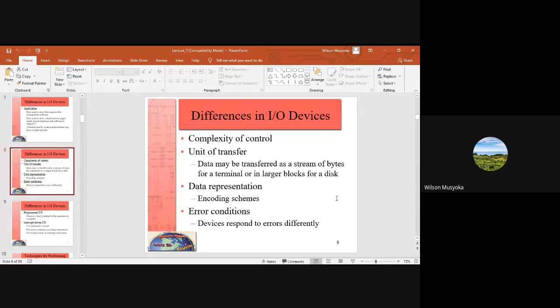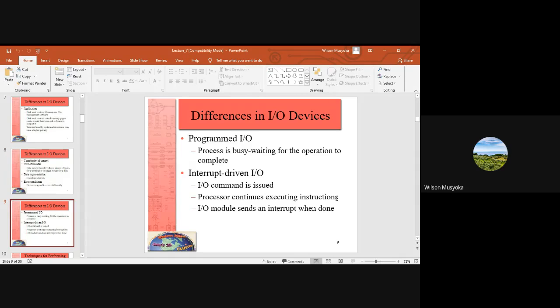Others are going to have issues with data representation: how is encoding done, and the different encoding schemes. And then how does the operating system manage errors, or when an error has occurred, what happens? And then there are differences in these input-output devices. Some of them are programmed, others are interrupt-driven.